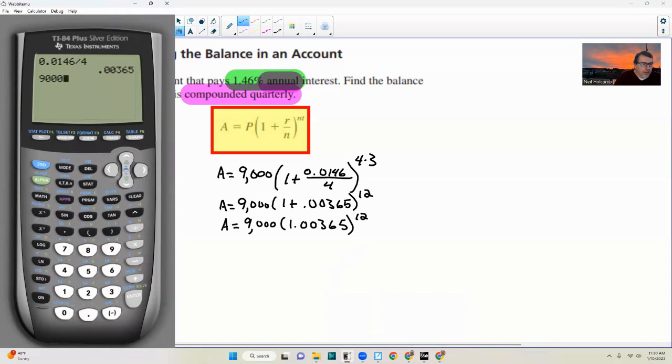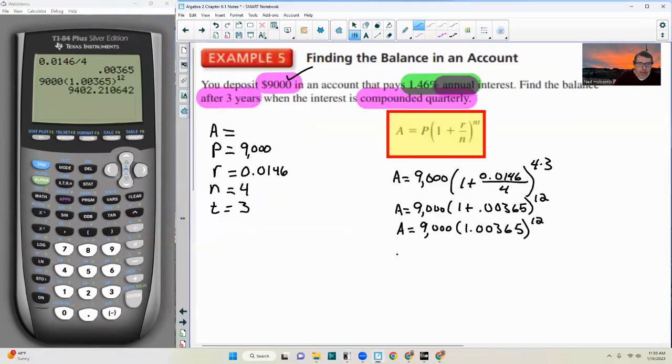So 9,000 parentheses 1.00365 close parentheses to the power of 12. Enter, and A is going to equal $9,402.21. Okay, we're going to round down.